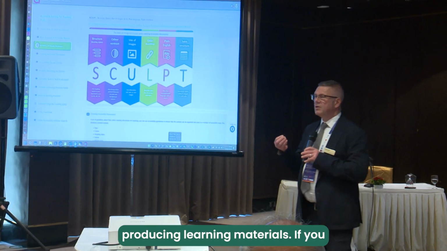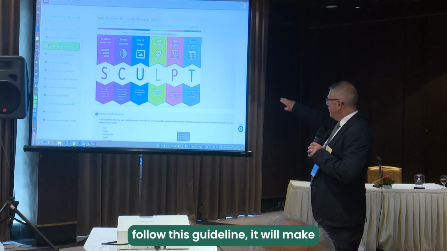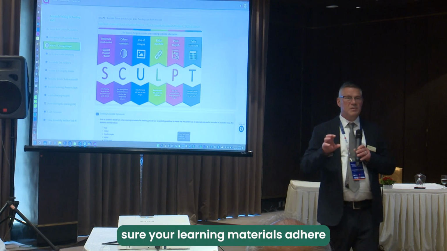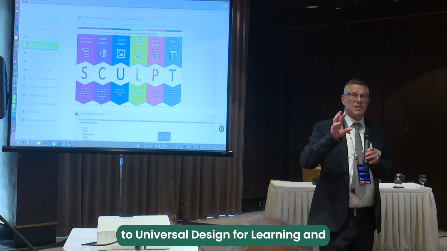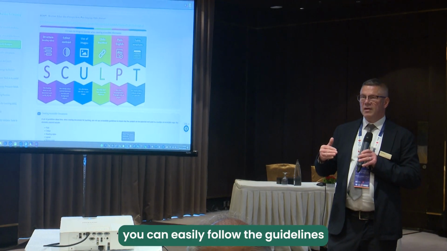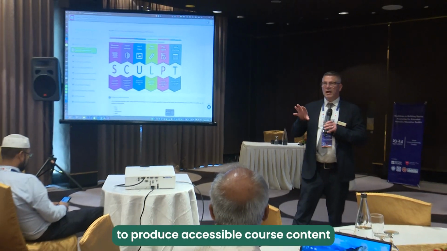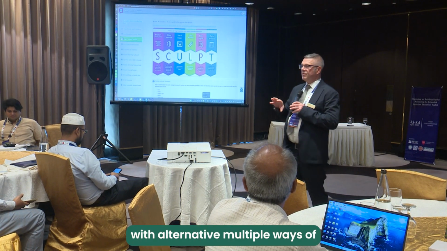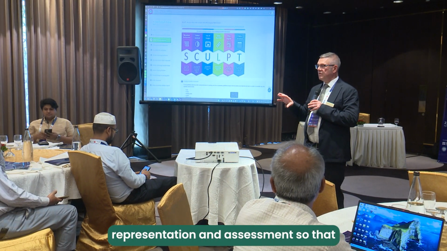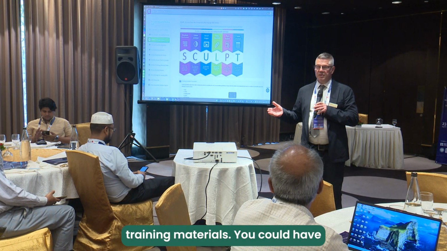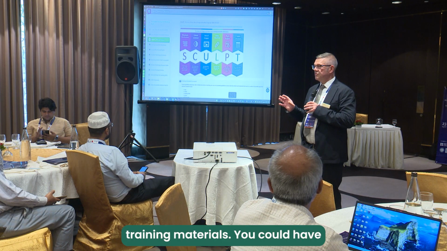If you're producing learning materials and you follow this guideline, it will make sure your learning materials adhere to Universal Design for Learning. You can easily follow the guidelines to produce accessible course content with alternative, multiple ways of representation and assessment, so that all students can access digital training materials.